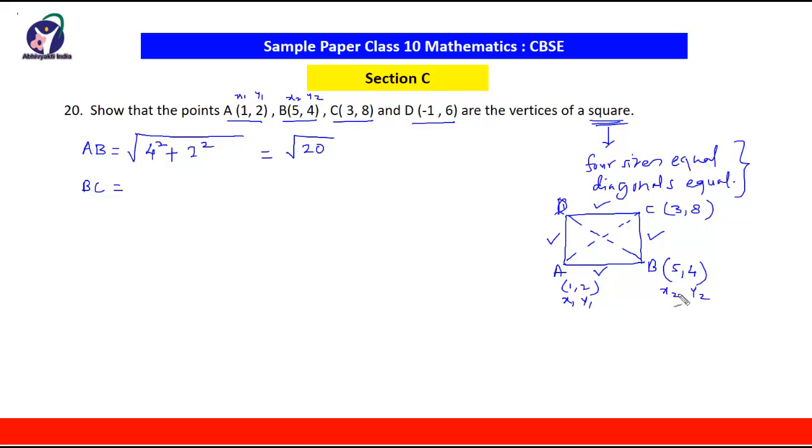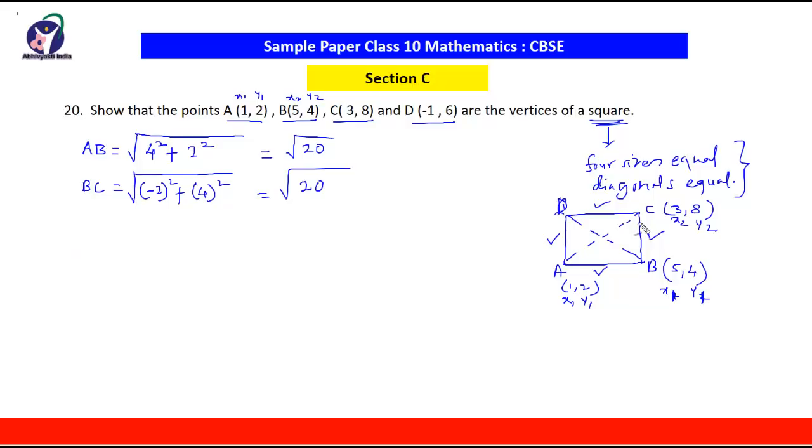So here again, suppose this is x1, y1 and this is x2, y2, then it will be x2 minus x1, that is 3 minus 5, whole square, so minus 2 whole square, plus y2 minus y1, that is 8 minus 4, that is 4, so 4 square. So it is the square root of minus 2 square which is 4, and 4 square which is 16. 16 and 4 will be again 20.